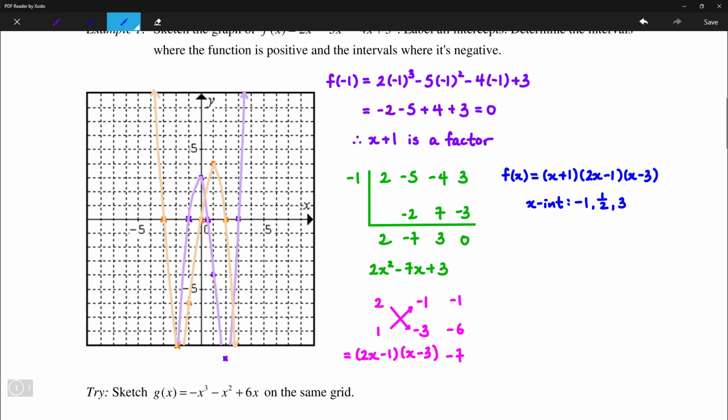And the other piece of information that is relevant here, of course, is the y-intercept, which is just the constant term of f of x, and that would be 3. So notice that on the purple graph, we have the 3 here, the y-intercept, and then the x-intercepts of -1, positive 1/2, and positive 3.